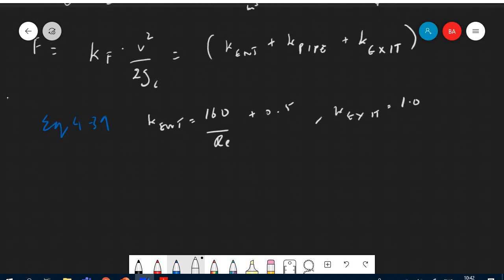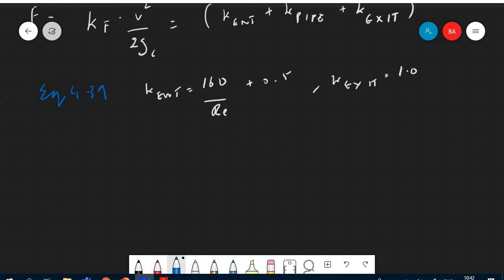I found k entrance and k exit. Now for the k pipe, this is equal to 4FL over D. Oh no, how to find f? Then it will be a function of f in this case.